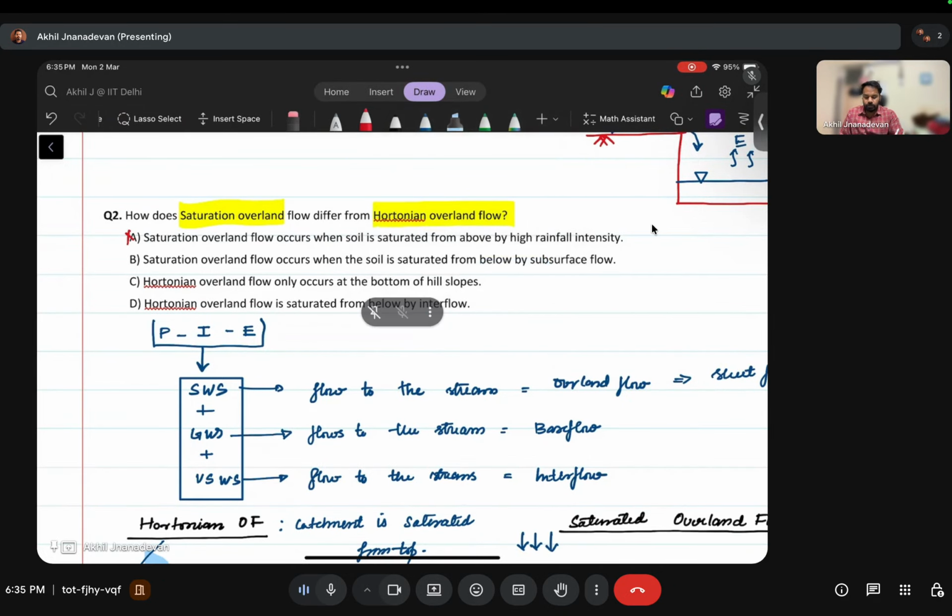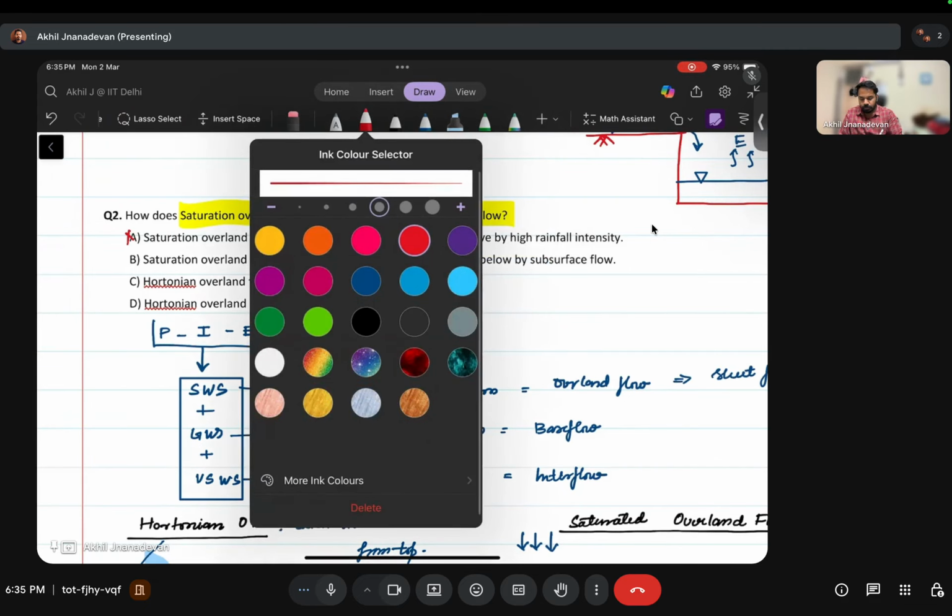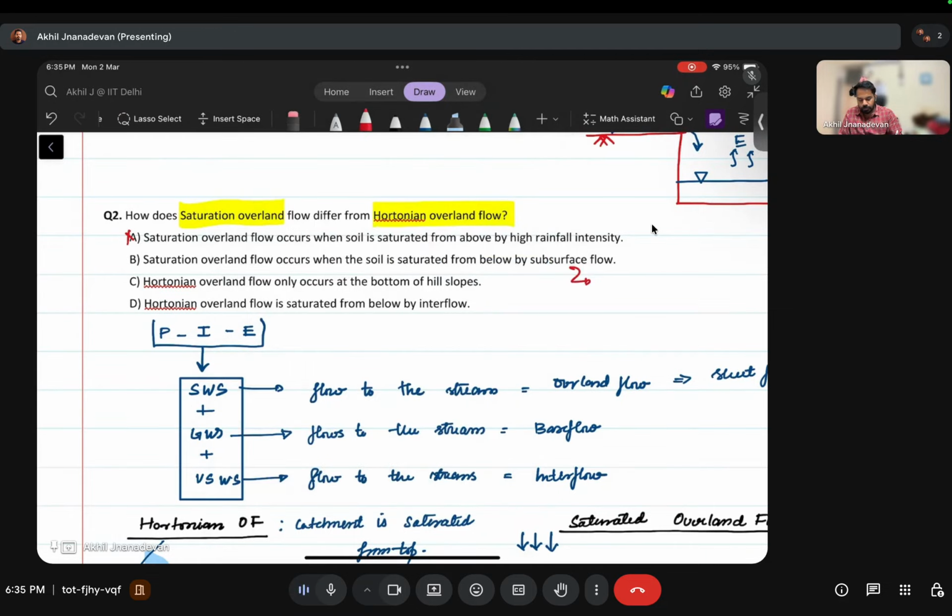Subsurface flow is also called interflow. So when this occurs, saturation overland flow occurs, right? So that is the correct option. Then, Hortonian overland flow occurs at the bottom of the hill slopes. Actually, saturation overland flow occurs at the bottom, so this is a wrong statement.